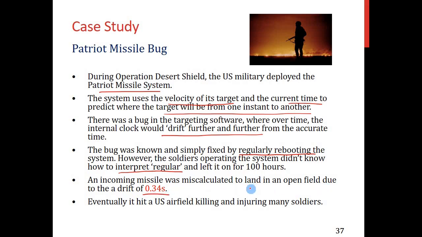So a missile was coming in, okay, and what this Patriot missile system did was while it was monitoring this incoming missile, it sort of gave a reading or a conclusion that it was supposed to land in open field because of this error, this drift. But actually it went to hit on a US airfield, killing many soldiers.